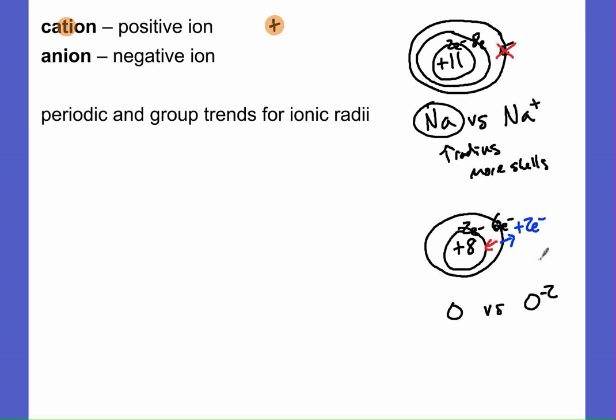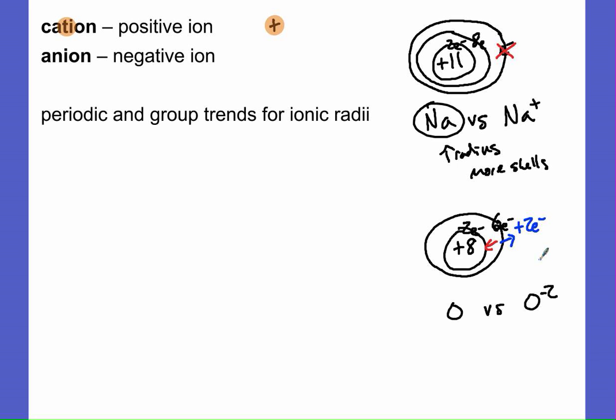And the reason why that shell has a certain size to begin with is because those two forces cancel out, right? So that pull in and pull out have to cancel out so that those electrons don't just collapse to the center or escape. So I have electrons that pull out and protons that pull in.